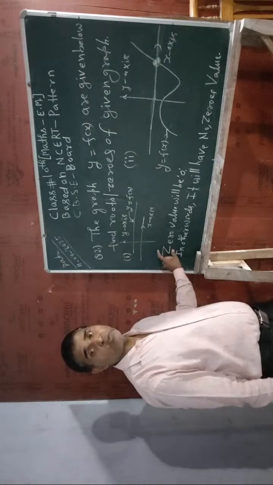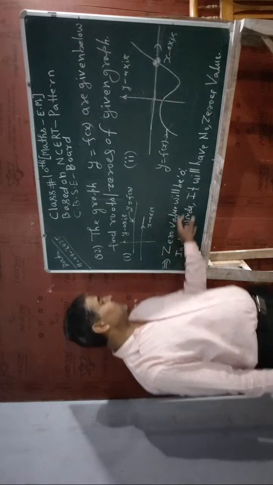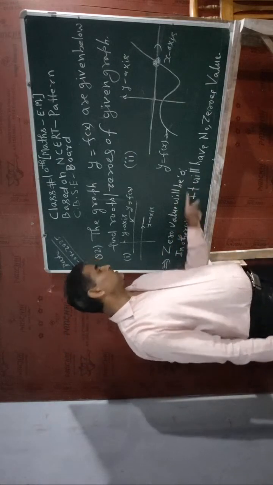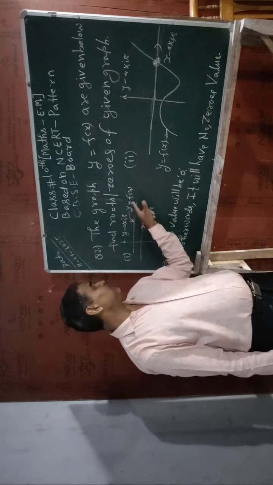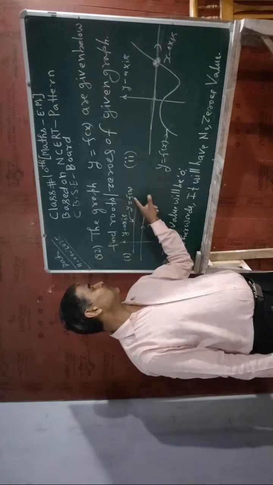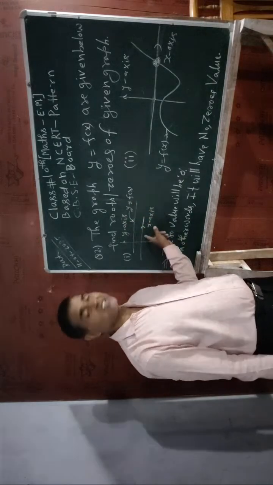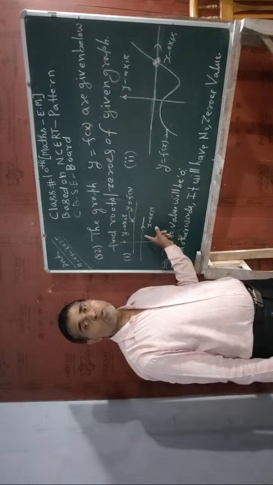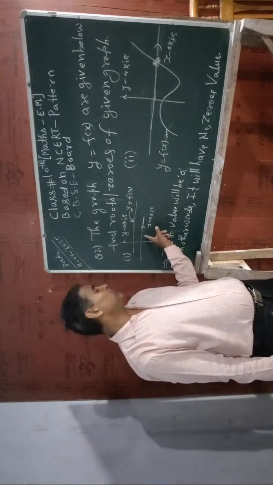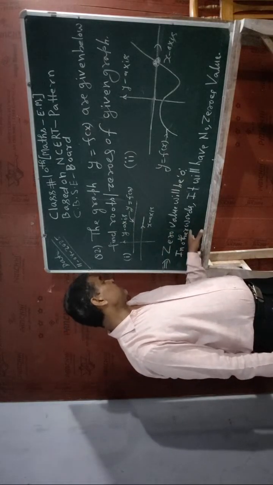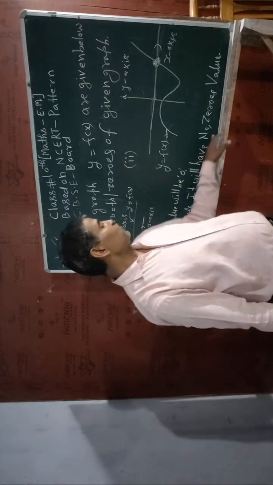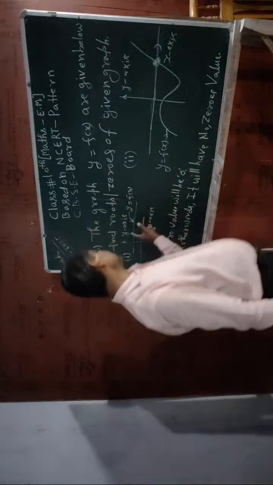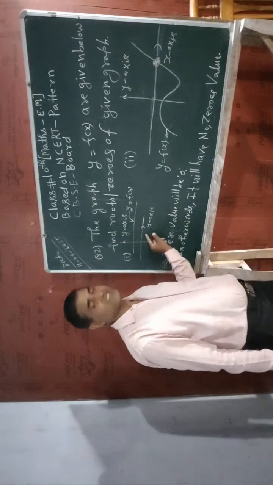Any one you have to write, because this sentence is given, means it has zero value, means this curve is not intersecting the x-axis, therefore its zero value will be 0. In other words, we can say that it will have no zero value. It means this curve is not intersecting the x-axis.